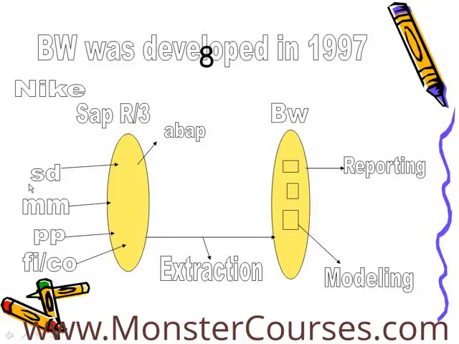For example, when you want to load sales data, we need to design the sales data model; that we call modeling. Loading data from R3 to BW after the model is called extraction. And on top of the data, generating the reports. This is exactly what BWBI does.